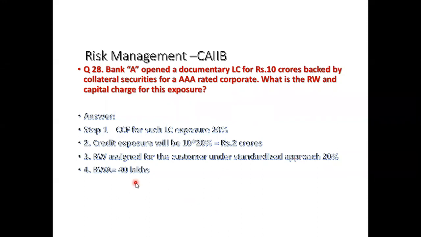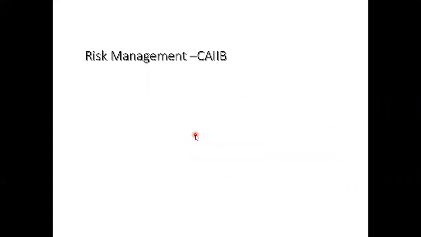Then the capital needed is 9% of 40 lakhs, 3.6 lakhs. Though you are opening an LC for 10 crore, your capital needed is very little because it's non-funded first, and again it's a highly rated borrower. You see the steps. If you miss one step, you will get a wrong answer. Agreed? Yes. 29.